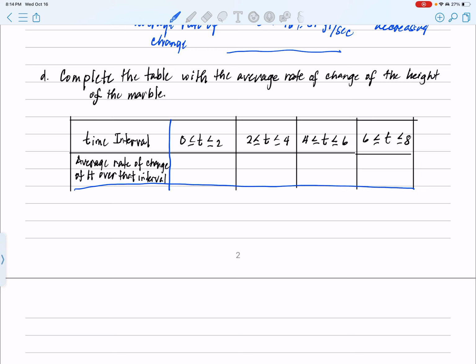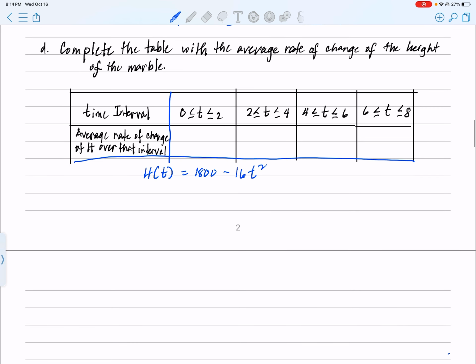So I will go back to the function. H of t is 1800 minus 16t squared. Because we have intervals here, I'm going to mark these as intervals 1, 2, 3, 4.